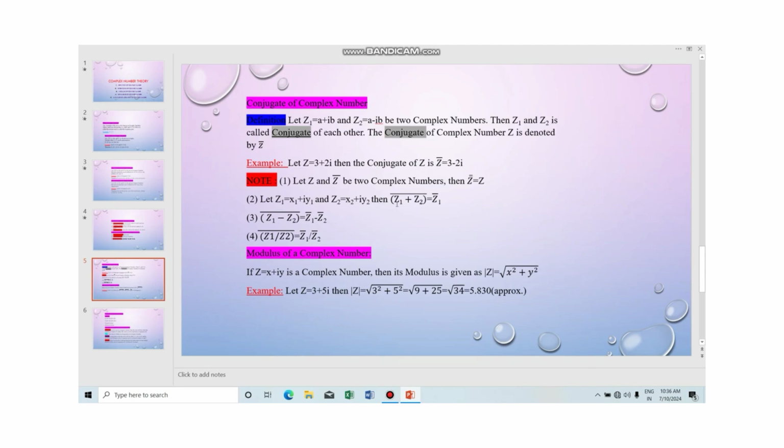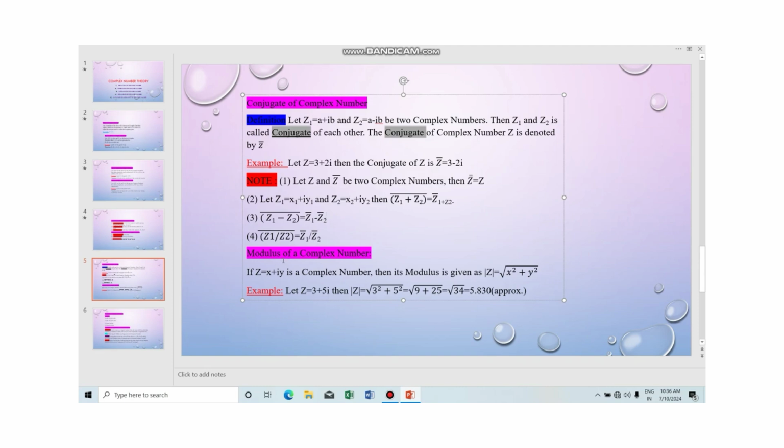Then z1 plus z2 whole bar equals z1 bar plus z2 bar. Next, z1 minus z2 whole bar equals z1 bar minus z2 bar. Next, z1 by z2 whole bar equals z1 bar by z2 bar.